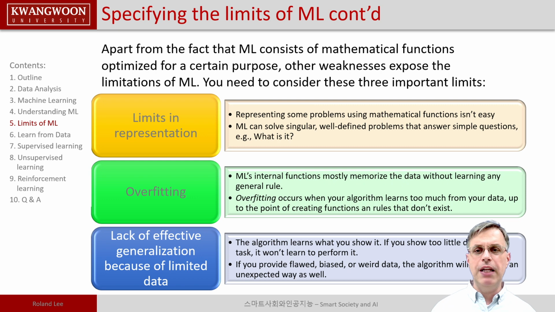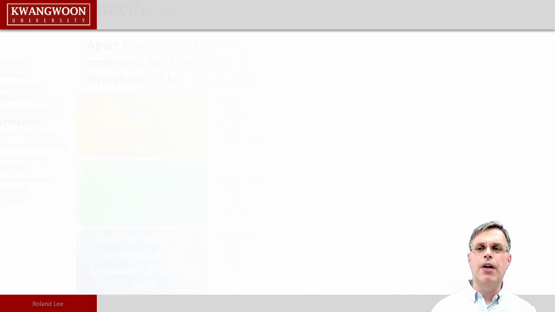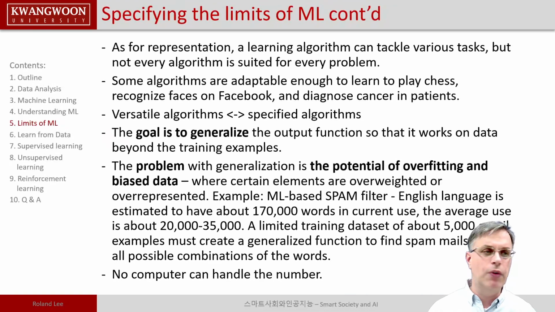So representation and learning algorithm can tackle various tasks, but not every algorithm is suited for every problem. Some algorithms are adaptable enough to learn to play chess, recognize faces on Facebook, and diagnose cancer in patients.